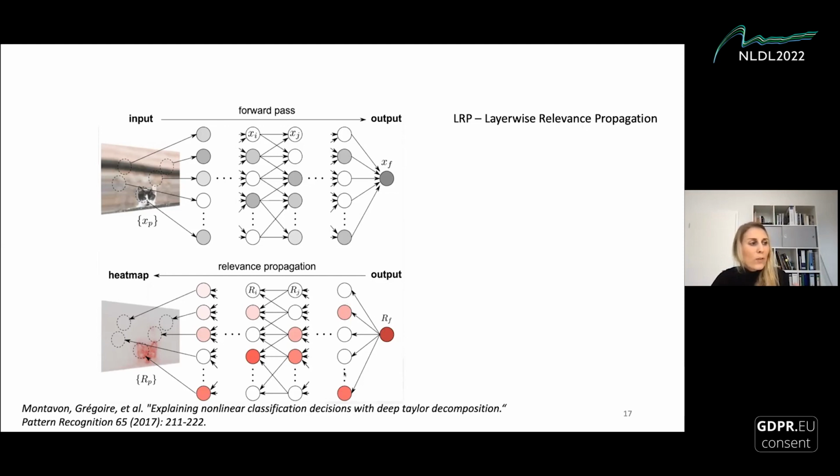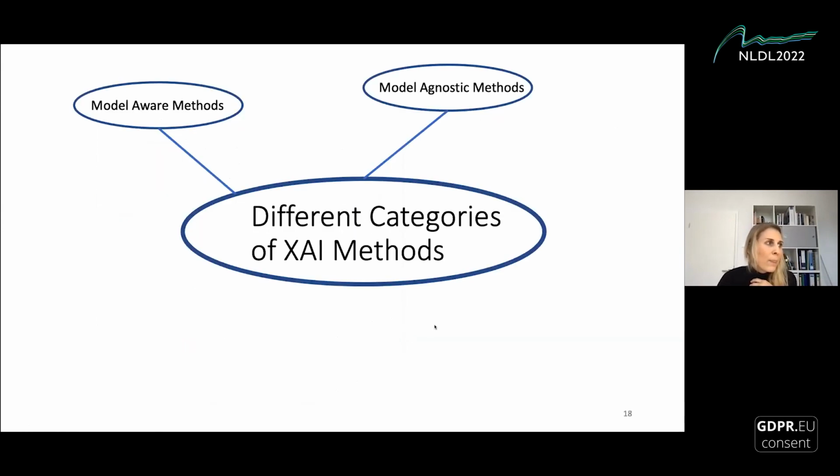So the sum of the relevances of the neurons here is equal to the output relevance. And so it is distributing according to the rules until we come to the input image, and there you see, okay, it was indeed the cat that was responsible for the output prediction of the model.